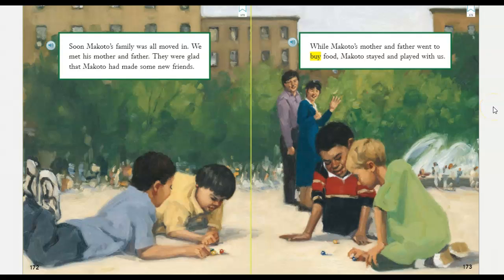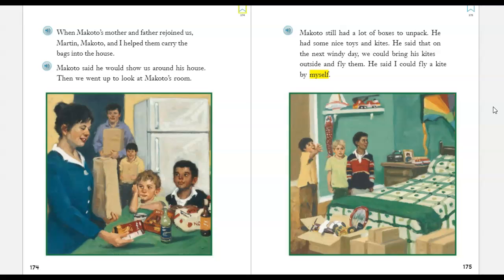While Makoto's mother and father went to buy food, Makoto stayed and played with us. When Makoto's mother and father rejoined us, Martin, Makoto, and I helped them carry the bags into the house. Makoto said he would show us around his house.